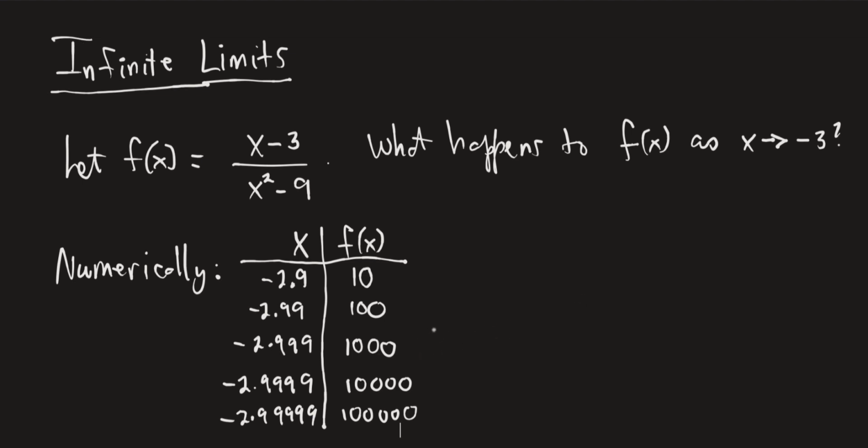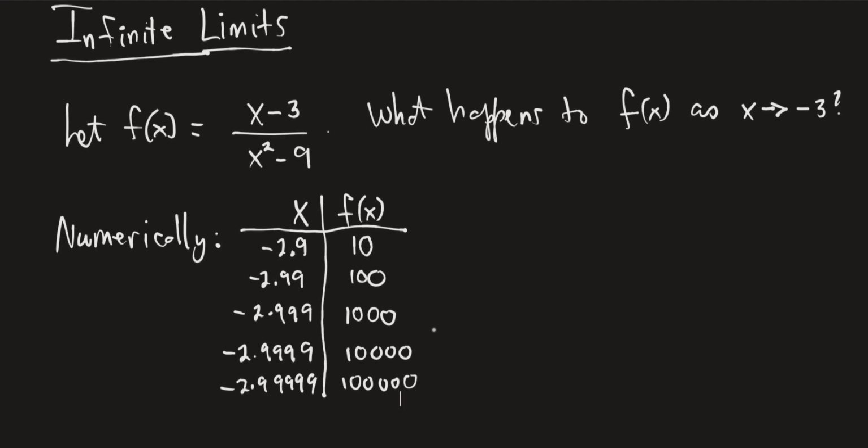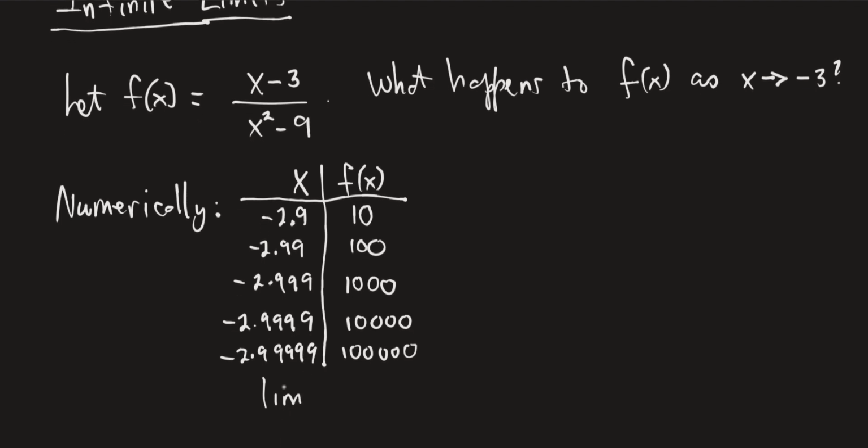So what does this mean? Right below that table, on the number line, negative 2.9 is bigger than negative 3. In fact, all of these values of x are bigger than negative 3. So this is saying that we are looking at the limit as x approaches negative 3 from the right of this function.